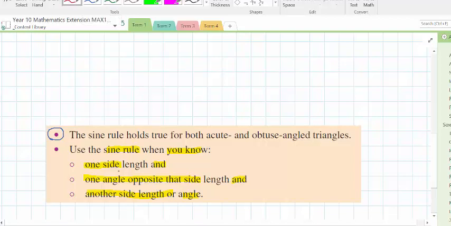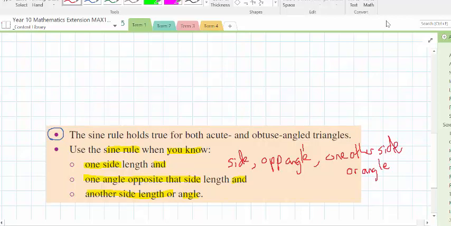You need a side, you need an angle opposite the side, so you need an opposite angle to the side, and one other side or angle. That's very important. By doing lots of questions, that'll help you remember this, so make sure you've got this noted.